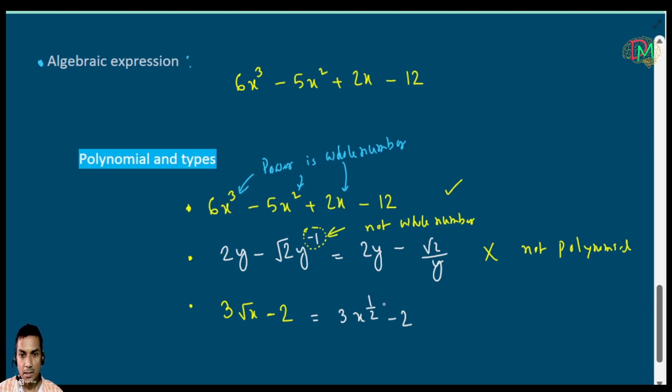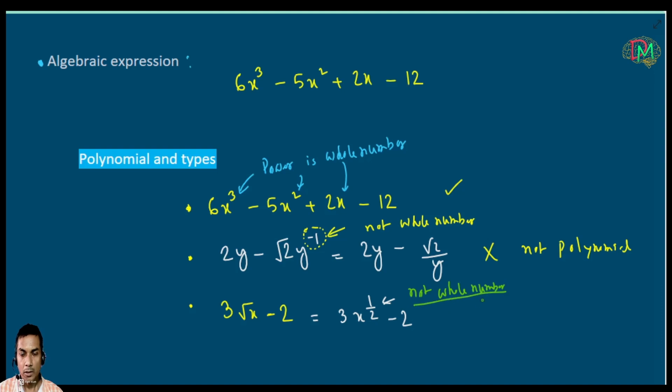So this is not a whole number. Okay, not a whole number. So this example is not a polynomial. Hope you can easily identify which algebraic expression is a polynomial or not. Clear?